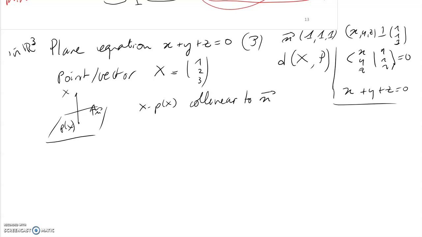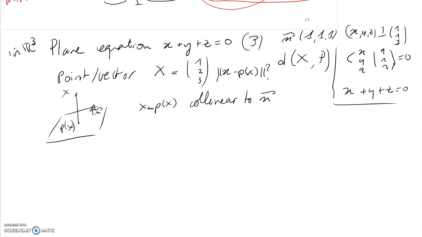So let's go back to our projection. If we want to find the distance between a point and the plane, the idea is to find the orthogonal projection and calculate the norm of X minus P of X, where P of X is the orthogonal projection.